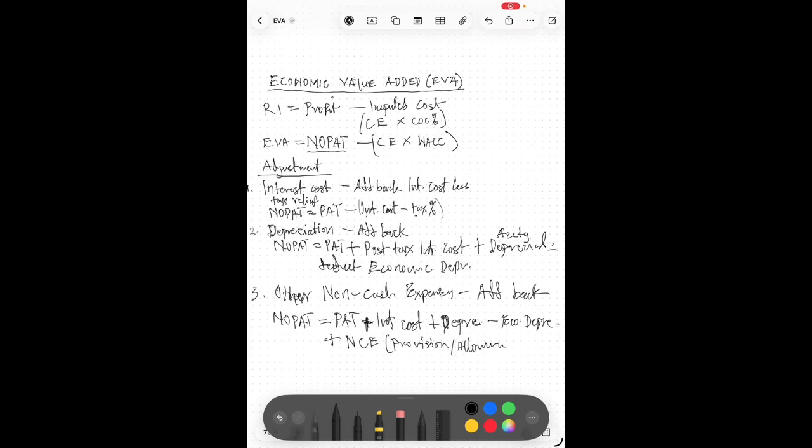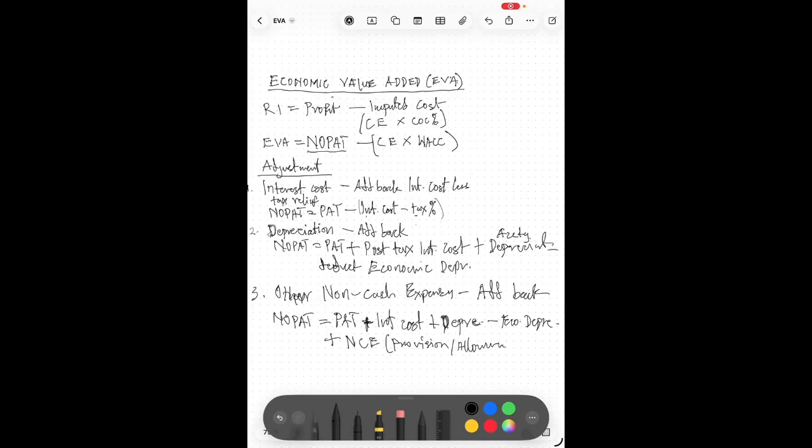As far as they are non-cash, unrealized profits or unrealized losses. Unrealized losses should have been deducted, so add it back. But if it's profit, it's the other way. Unrealized profit, you deduct, because it would have been added to arrive at profit after tax. But if it's unrealized loss, you add back, because unrealized loss would have been deducted in arriving at profit after tax, and maybe deferred tax expenses.